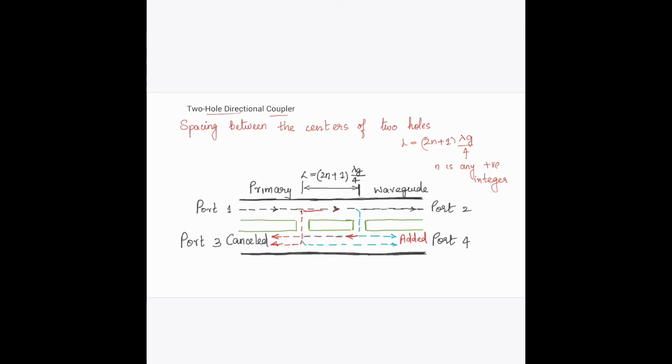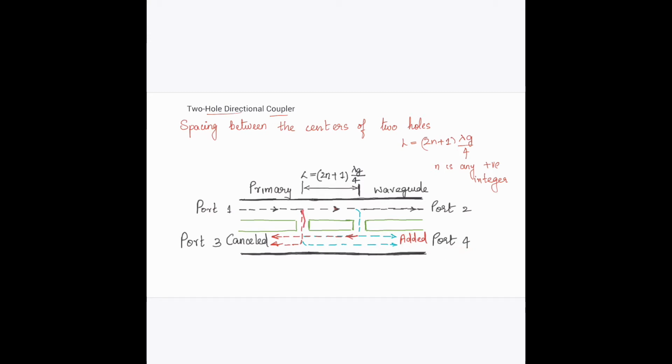The distance of travel by both waves is the same, so both waves will have the same phase and get added up. The waves traveling from port 1 through this hole and through this hole are of the same phase, so these two waves get added up at port 4.